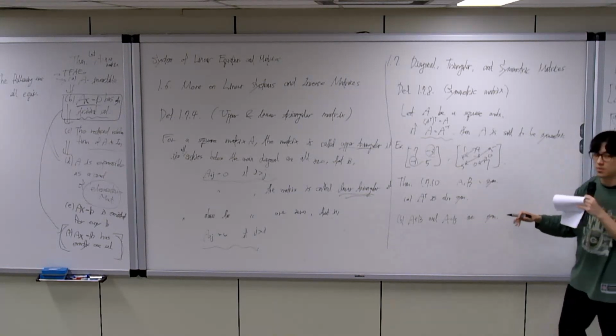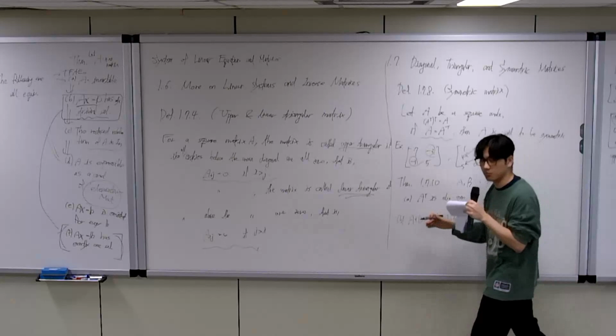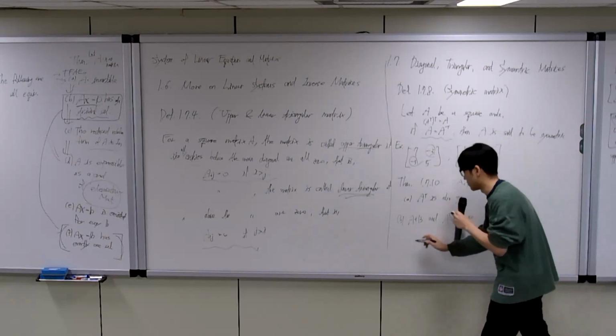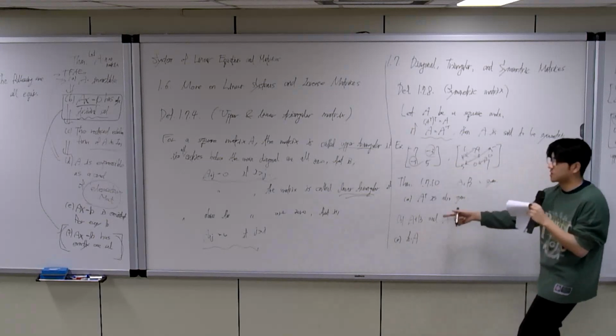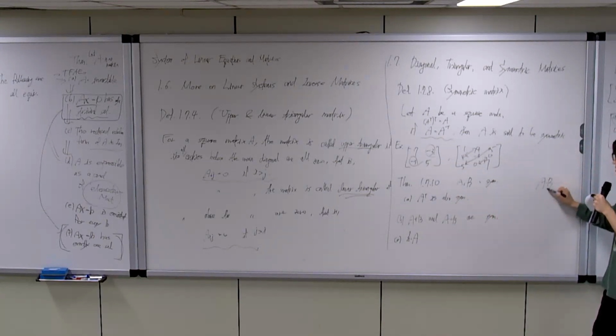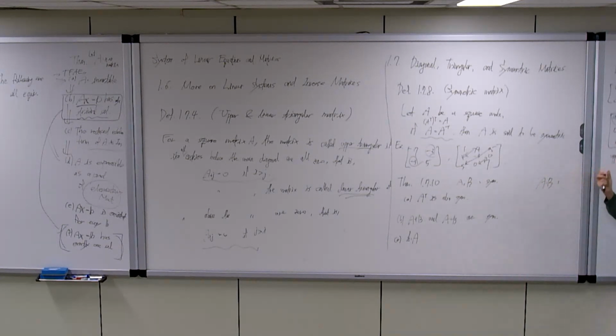This means symmetric matrices are closed under the addition operation. However, if we multiply two symmetric matrices, then the result can be unsymmetric also.